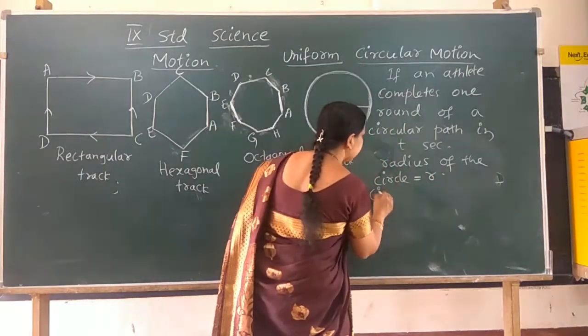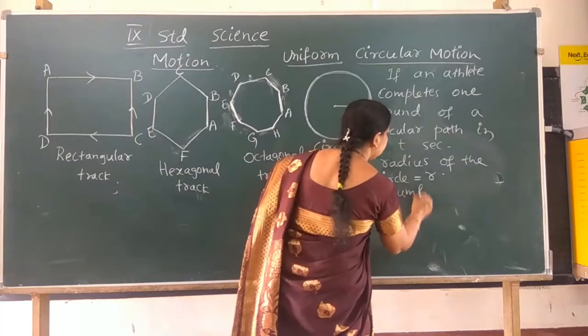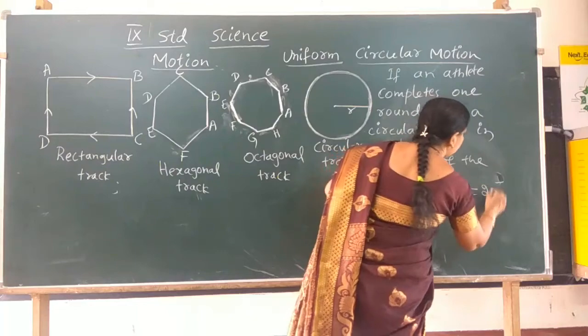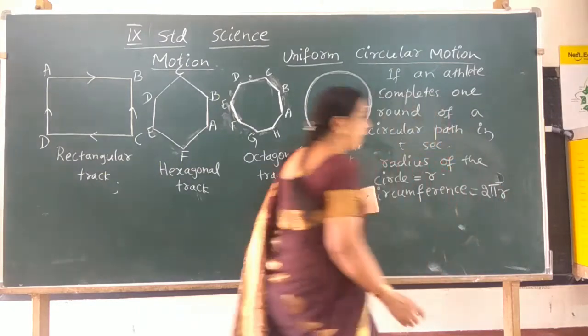And what will be the circumference of the circle? The circumference of the circle is given by 2 pi r.